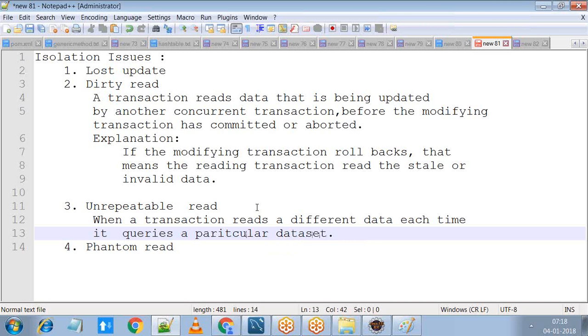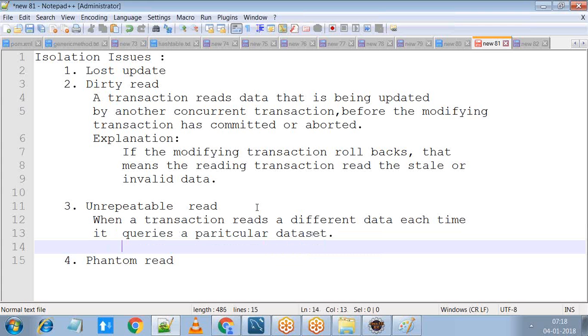A transaction reads different data each time it queries a particular data set, I can say.